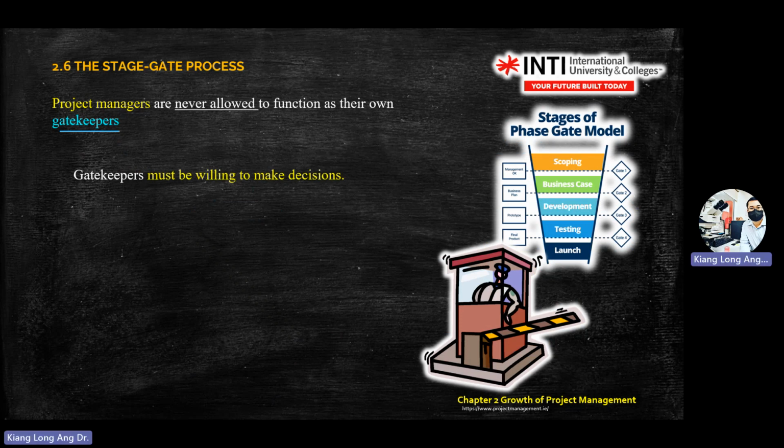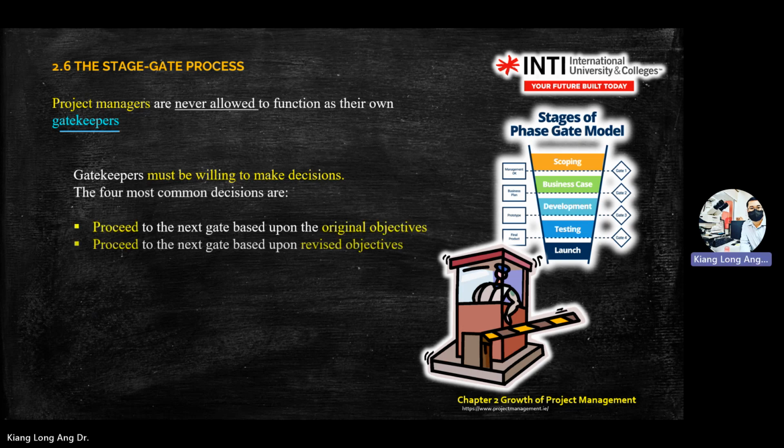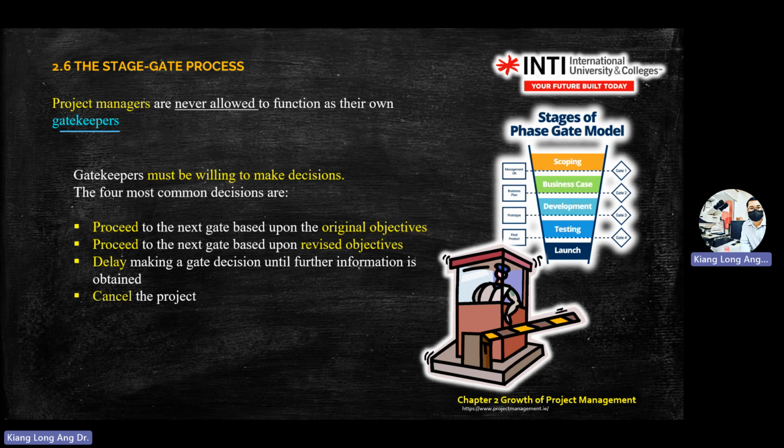If the person is a gatekeeper, he must make a decision. If not, then the process will stop there. The phase will stop there. Therefore, it can be a director, someone assigned by the top management.